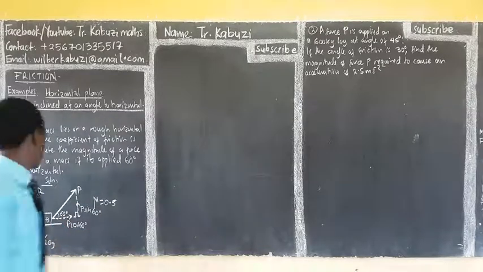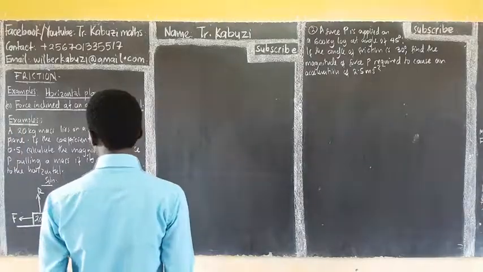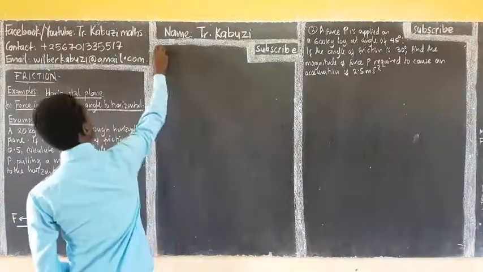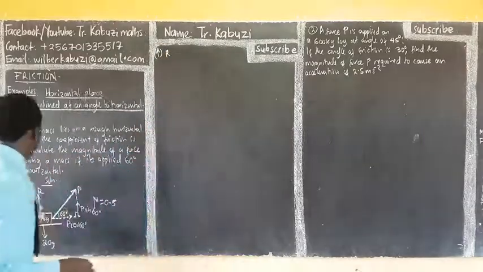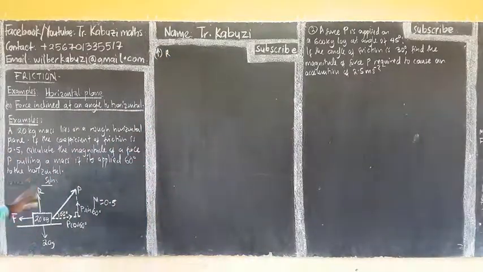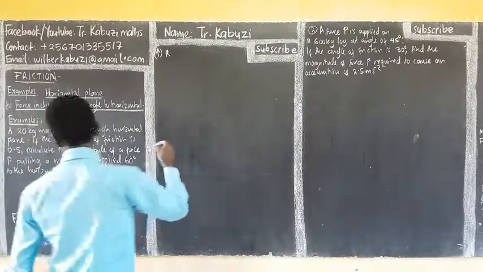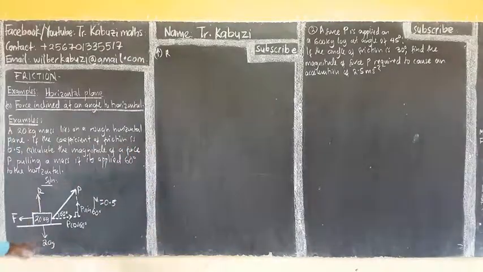Now if we resolve vertically, we have R in that direction, because there is no movement upwards.